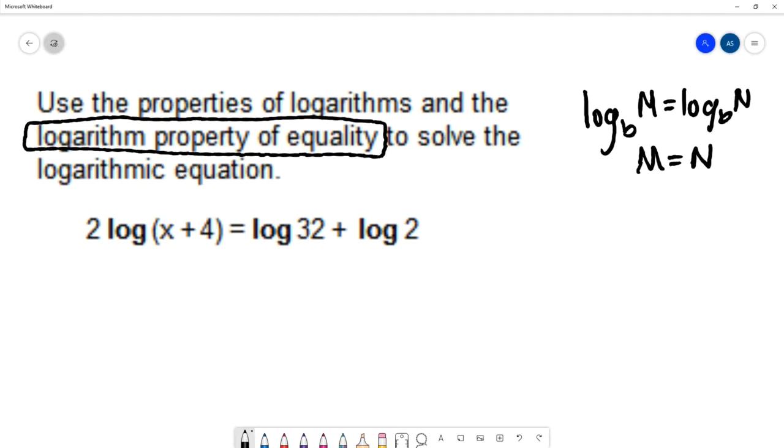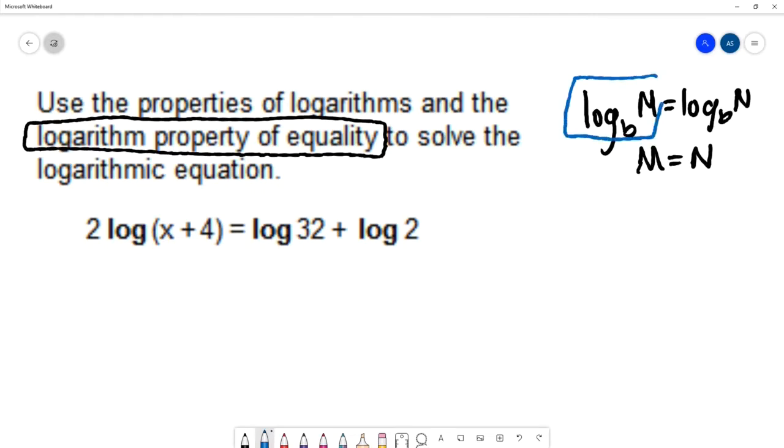The background of this property is that logarithms are 1-to-1, and so if we have y values that are equal, those x values must be equal. But the reason why I wanted to show you this is because it's revealing to what we're working towards.